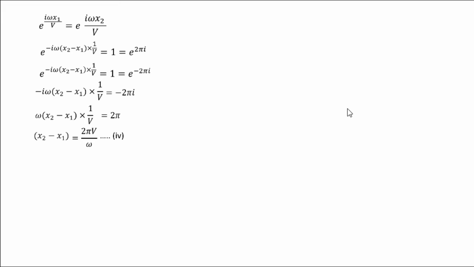Then we get e^{iωx1/v} divided by e^{iωx2/v}. Then we get e^{iω(x2 − x1)(1/v)} = 1, that is equal to e^{2πi}.